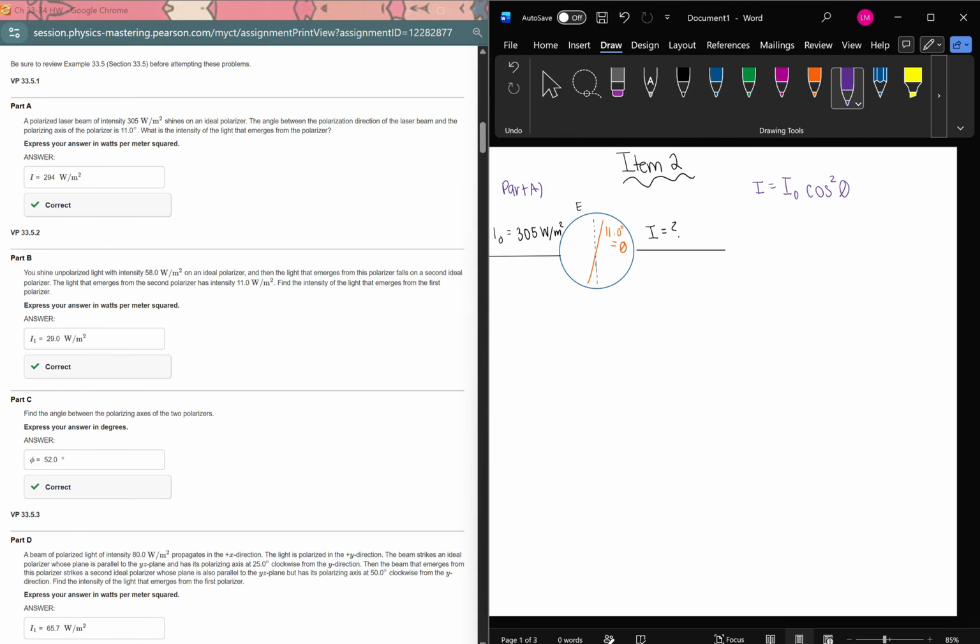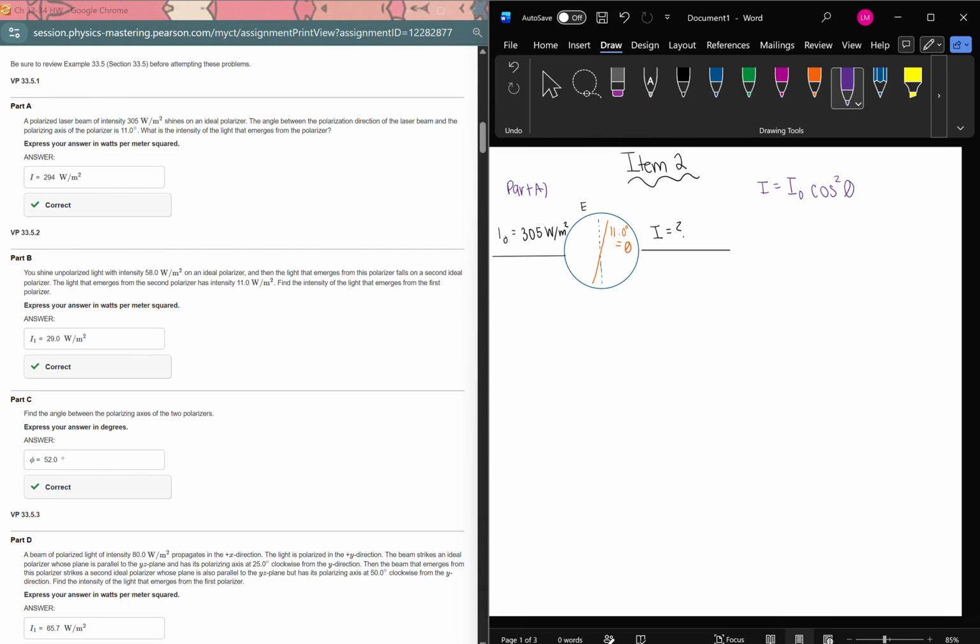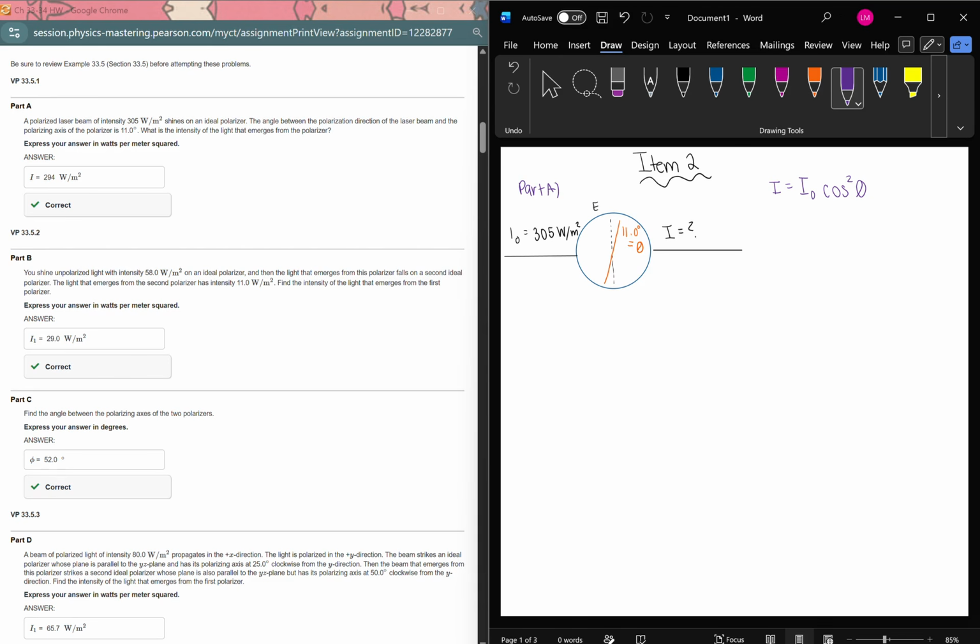And this I with the little subscript is the initial intensity, which is also measured in watts per meter squared, and then this is theta. This is the angle between the light polarization direction and the polarizing axis. It's 11 degrees.